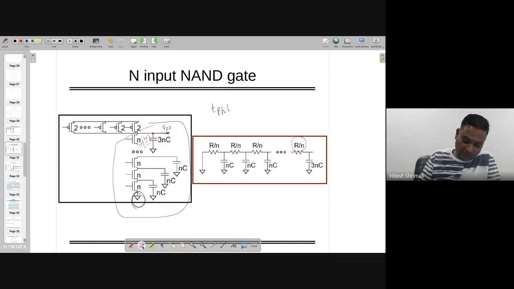As you know, all these numbers which have been written over here are normalized to the width and length of the NMOS. So these resistances are divided by N, because we know that the resistance is going to decrease as you are increasing the width.